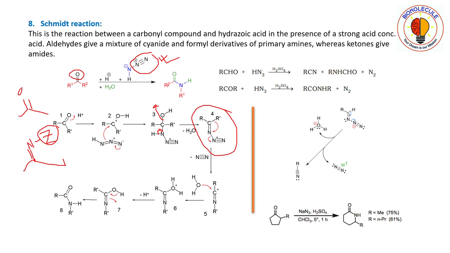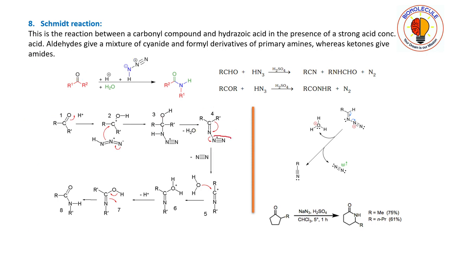Here Z is this N2 group. Now you see that this N2 molecule, this nitrogen gas, is a very good leaving group and it is a very neutral species.